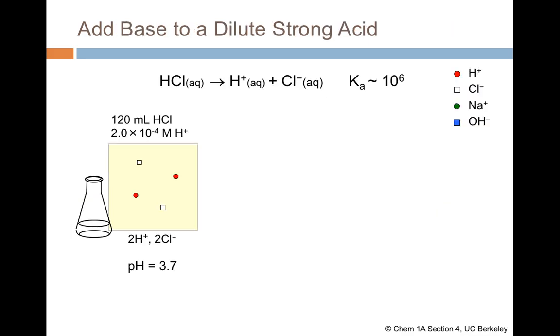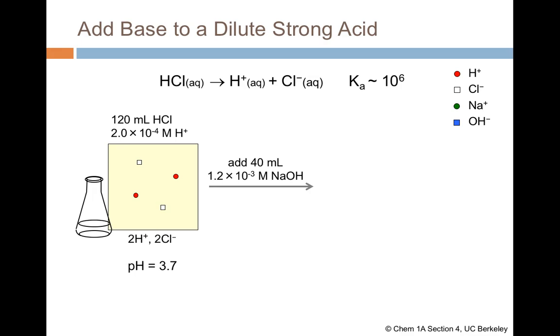On the molecular level, what's happening here is if we imagine a 120 milliliter solution of HCl that's very dilute, so has a concentration of 2 times 10 to the negative 4 moles per liter. This one's slightly different from the solution on the previous slide. Its pH is 3.7, but the same idea applies.